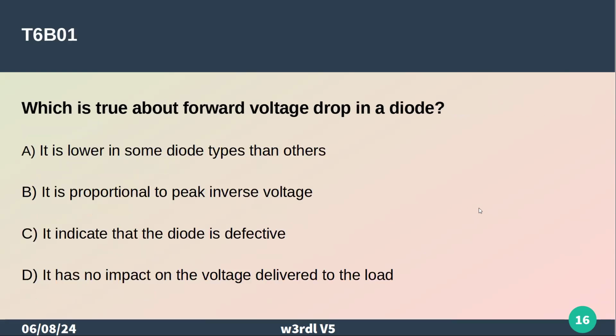What is true about forward voltage drop in a diode? The tricky one. Peak inverse voltage would be reverse voltage, right? So that wouldn't give you a forward voltage drop.